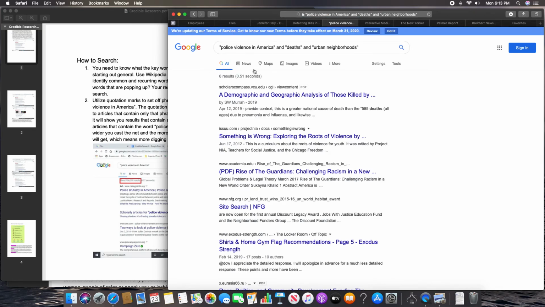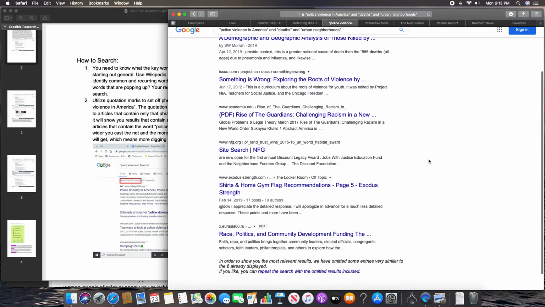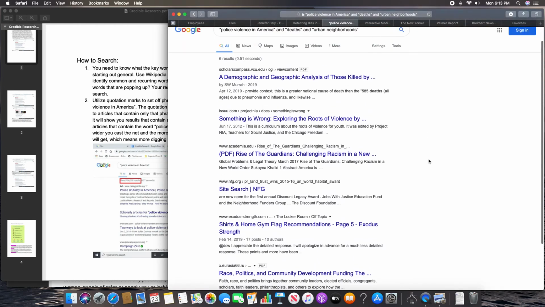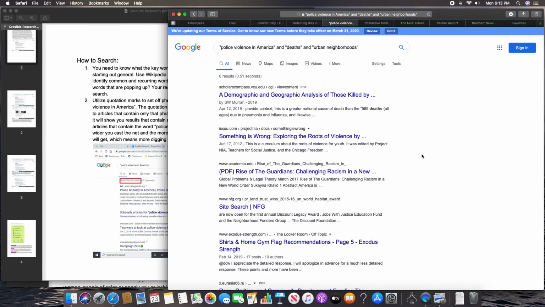Okay, and look, now we've gotten down to 6 results. Of these 6, I'm not sure if anything is suitable for what I want to research until I start scanning through them, but I'm hoping that you see how we moved from 212 million results down to 6 results, and we were able to do that with just Google.